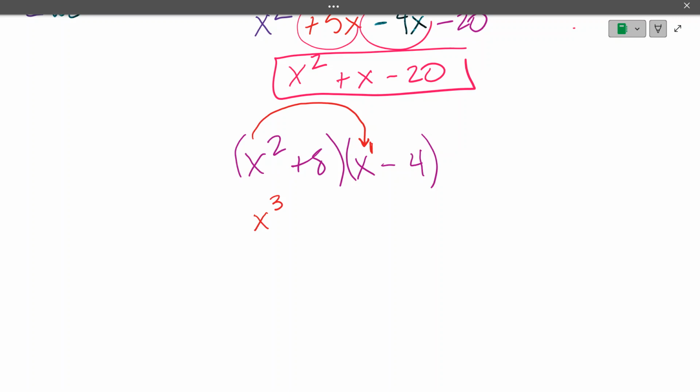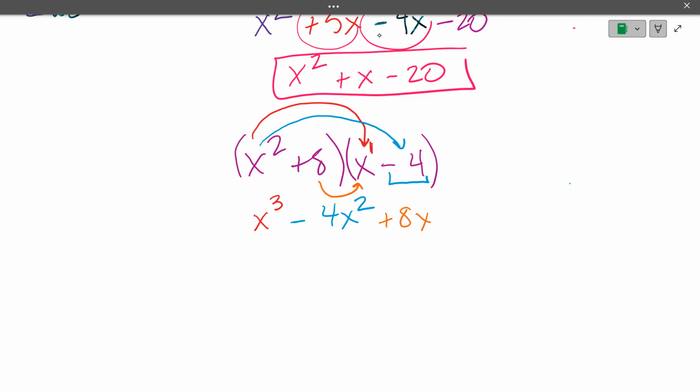That's what we like to say. And then we do our outer terms. So x squared times, remember we take this negative with us, negative 4, is negative 4x squared. And then we are going to do our inner terms, and our inner terms are 8 and x. So we get 8x.